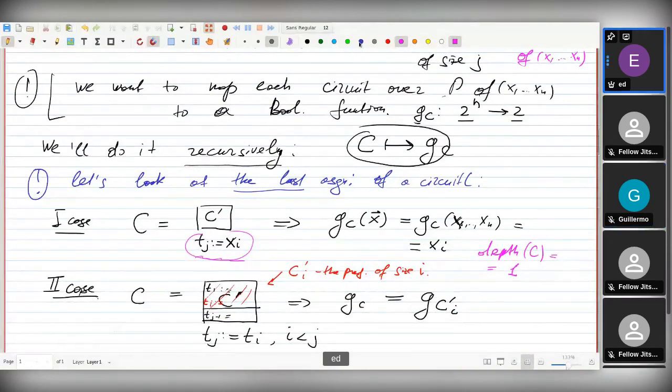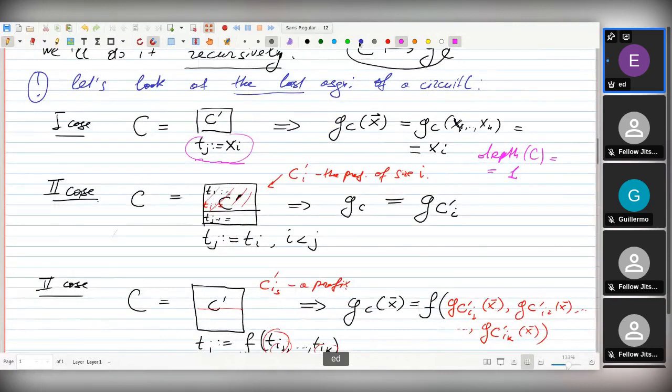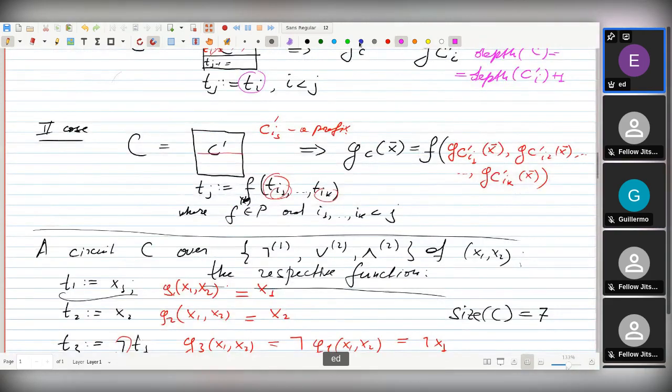Some initial value, let it be 1. If we are using some previous value, we can just add 1. So it will be the depth of the node we are taking here plus 1. And the most important equation is as follows.